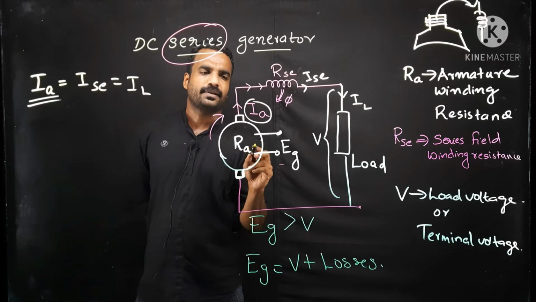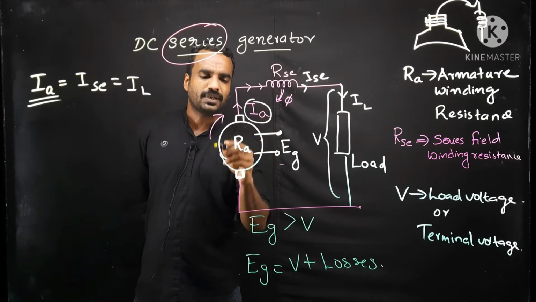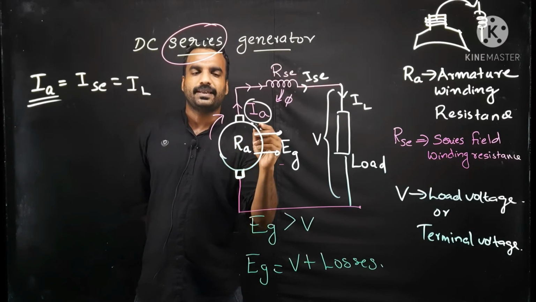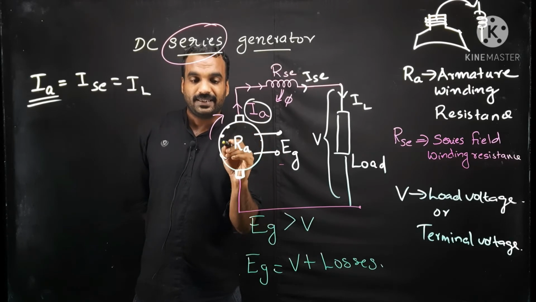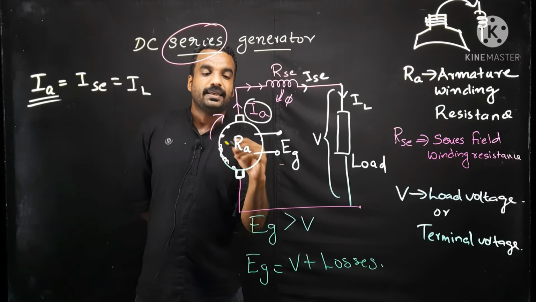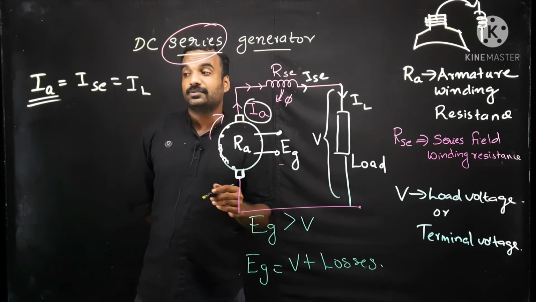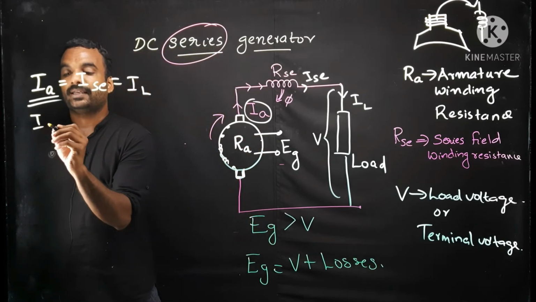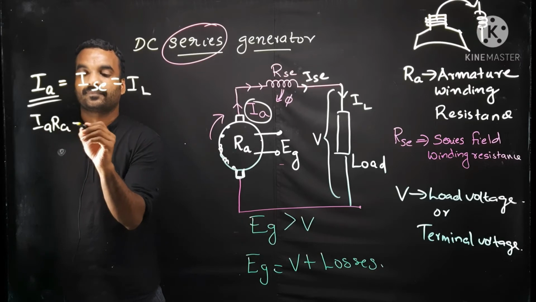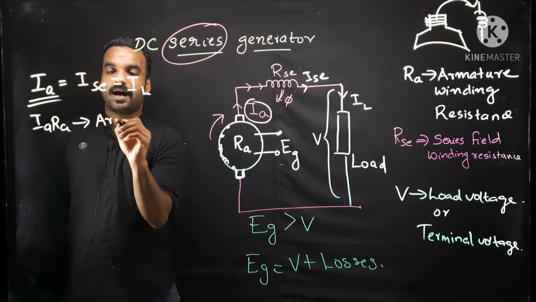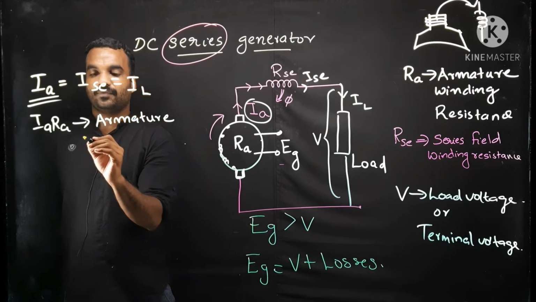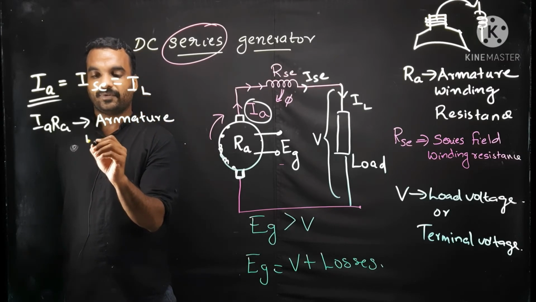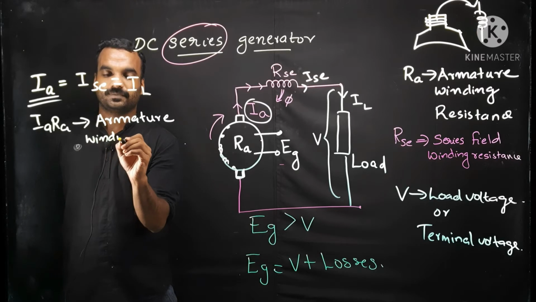So now check. IA is passing through the armature winding, because IA is produced inside the armature. What is there inside this armature? Windings are there. So IA will pass through all the windings. So which is the first loss? IA squared RA, that is armature winding loss.